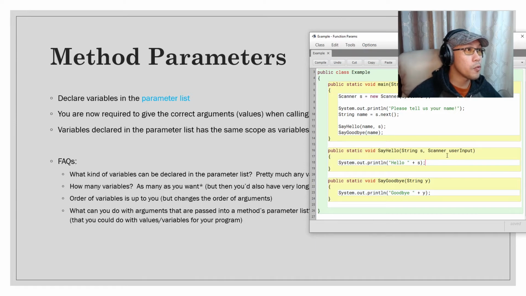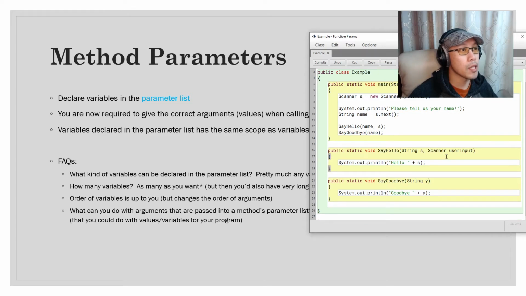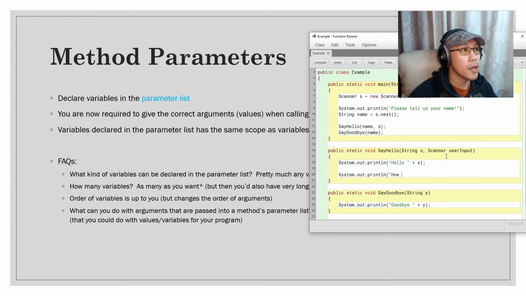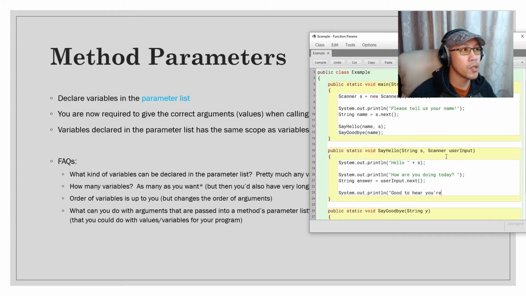Name goes into String s, and s, which is a Scanner instance, goes into Scanner userInput. Now if we really want, we can go from here and say something along the lines of System.out.println, how are you doing today? And then let's get String answer equals userInput.next, and System.out.println, good to hear you plus answer.